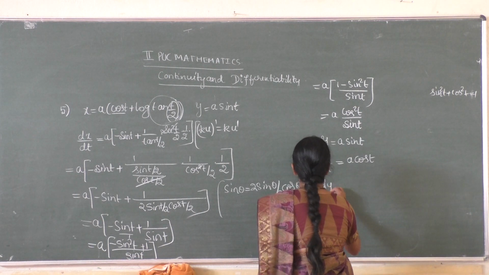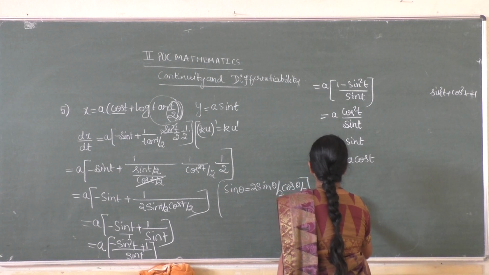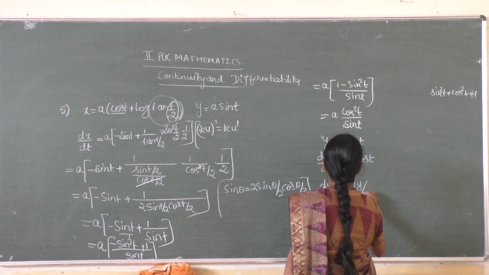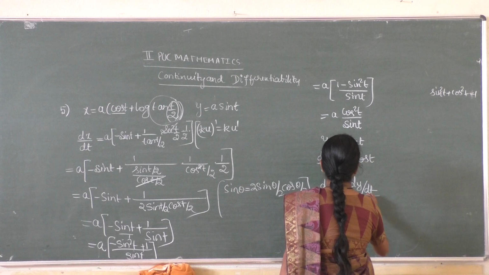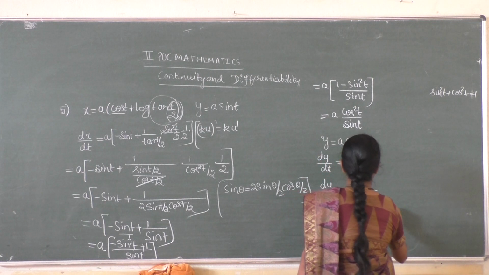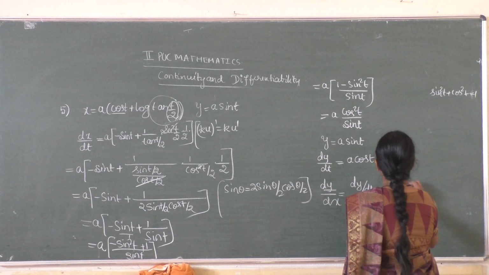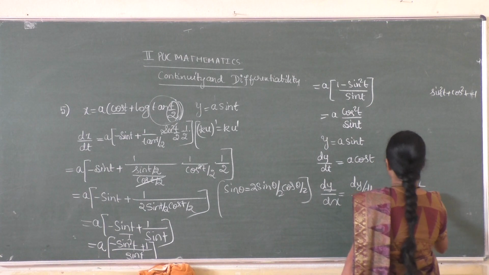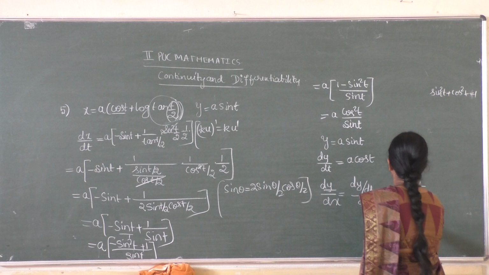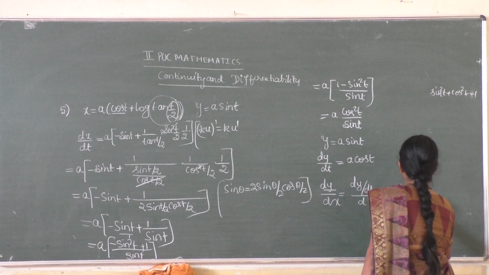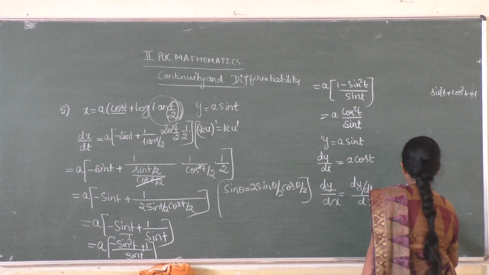Now you have to find dy by dx, that is dy by dt divided by dx by dt. So what is dy by dt? That is a cos t, and dx by dt is a into cos square t divided by sin t.